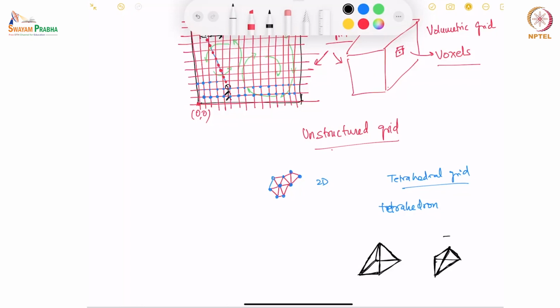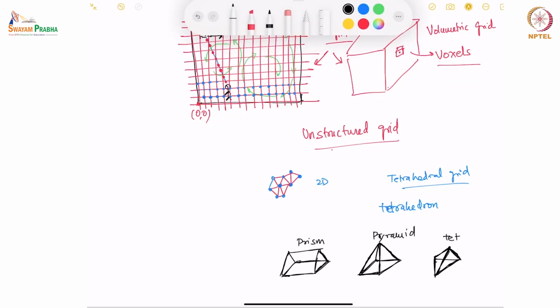This is a tet. This is a pyramid, and there is one more thing which you might have studied, a prism. A prism is like that.